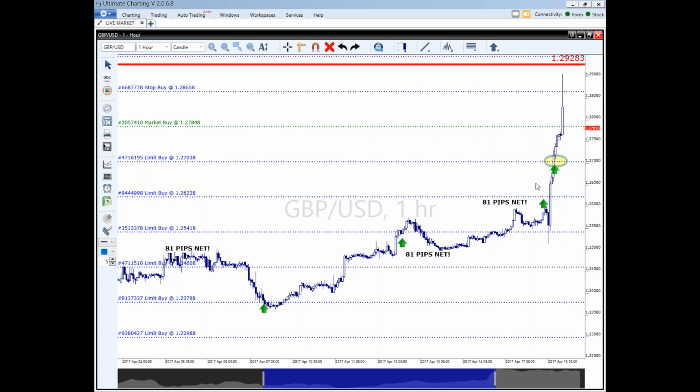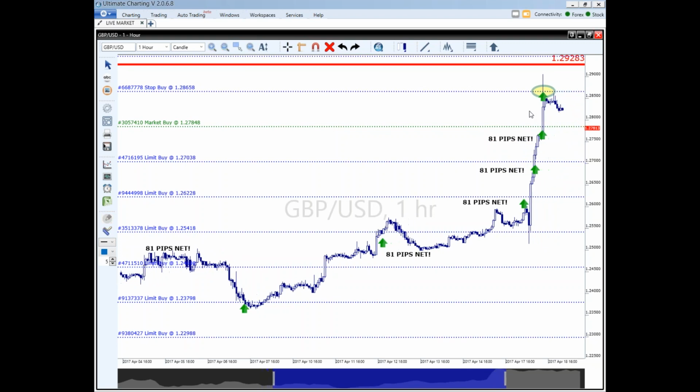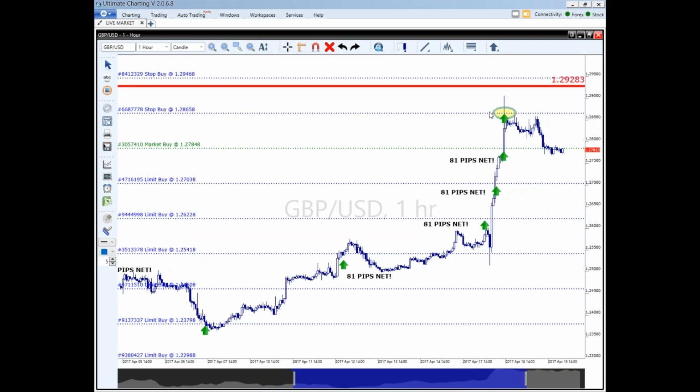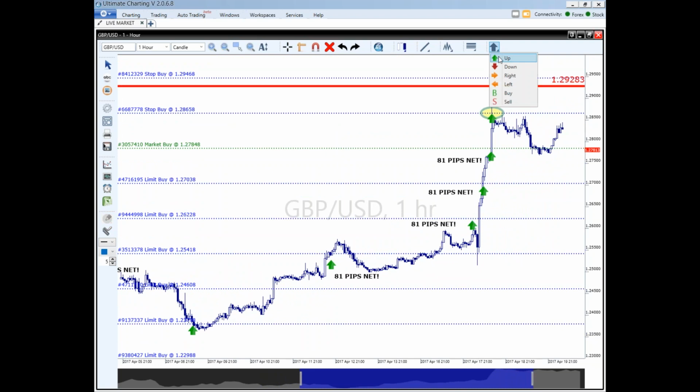Get back in, 81 pips net once again. Resize in the market, 81 pips net once again. Get back in the market here. As it comes back down, it takes you into another trading opportunity right there, sizes you in.